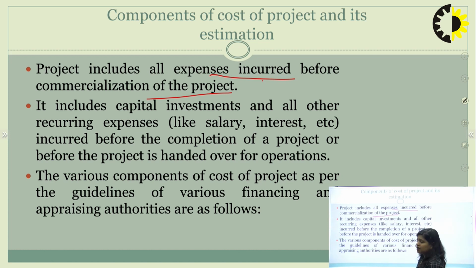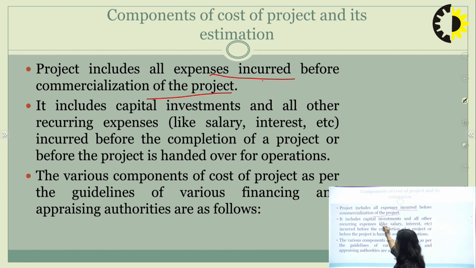In my previous lecture, two things are basically involved. One is estimating the fixed investments, and second is the working capital. So what this involves is the capital investment and all the recurring expenses.